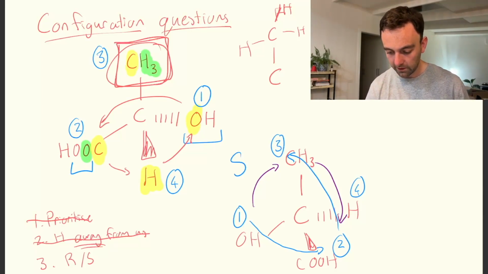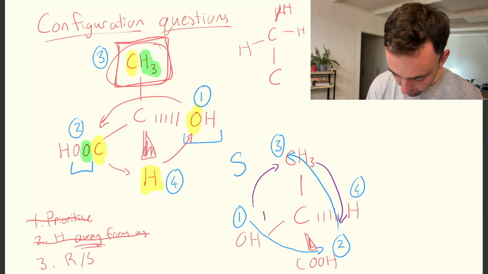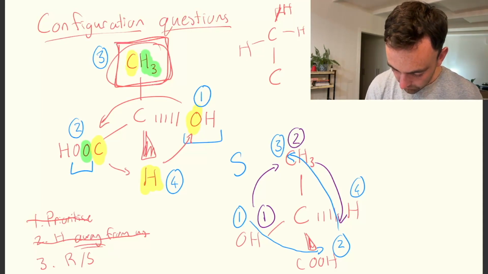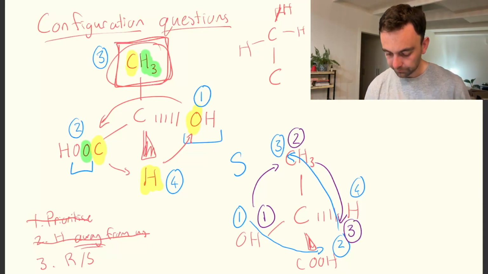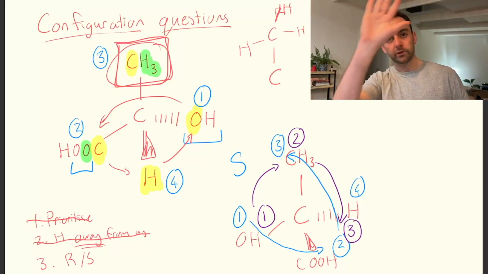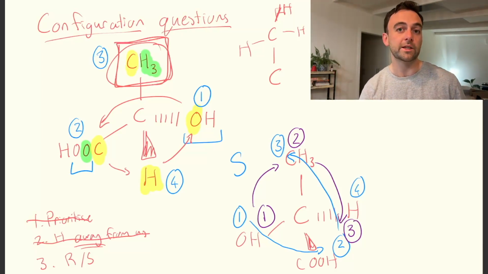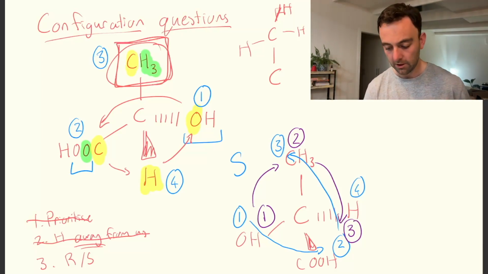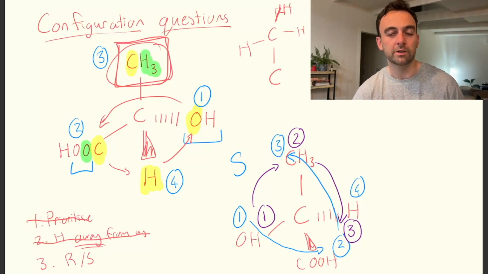Whereas if the numbers were like this, so I'll do them in purple, let's say 1, 2, 3, those arrows are going to the right, which means it's an R configuration. So ultimately, when you do get these, you're going to get the molecule and it's going to say the R configuration is found in which molecules or something like that.